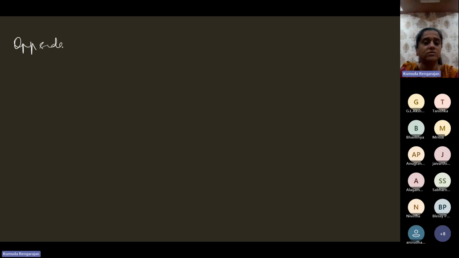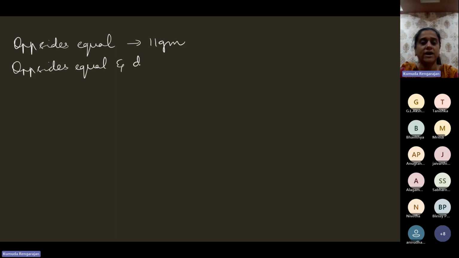Opposite sides equal, parallelogram. Opposite sides equal and diagonals equal, rectangle.